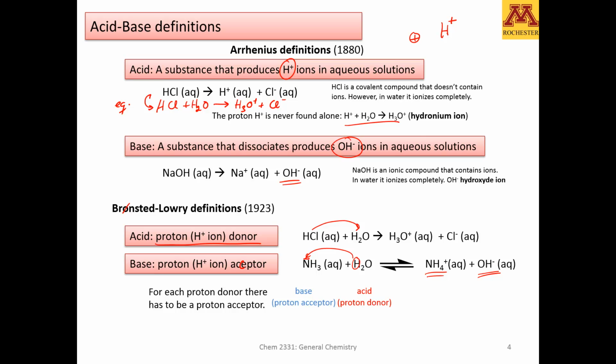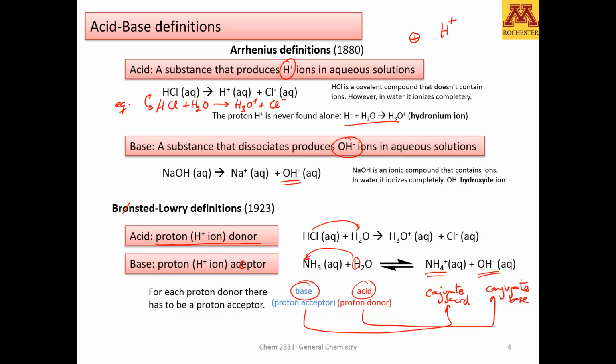The base will become what we call a conjugate acid, and the acid will become what we call a conjugate base. And all acid-base reactions depend on the capacity of an acid to give protons and the capacity of a base to accept them.